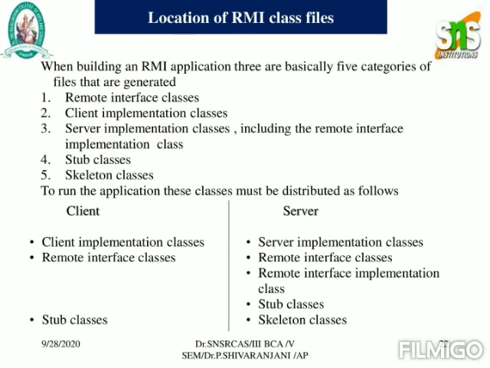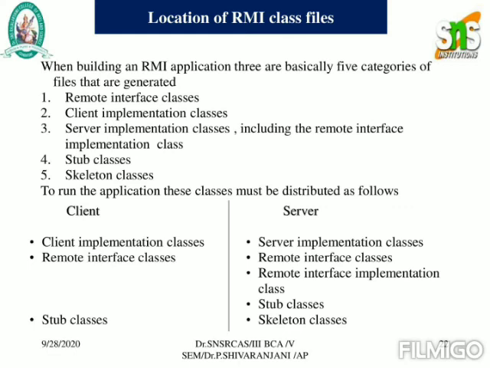The first one is your remote interfaces classes, and the second is client implementation classes. Third is your server side implementation classes, which will include your remote interfaces implementation classes, fourth is stub classes, and fifth is skeleton classes. To run the application, these classes must be distributed as follows.